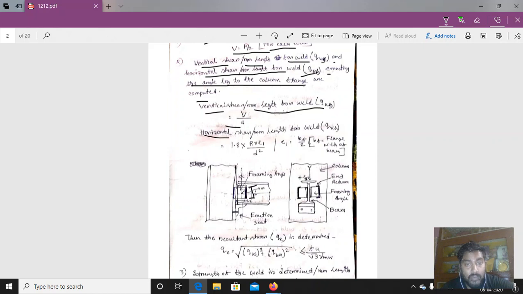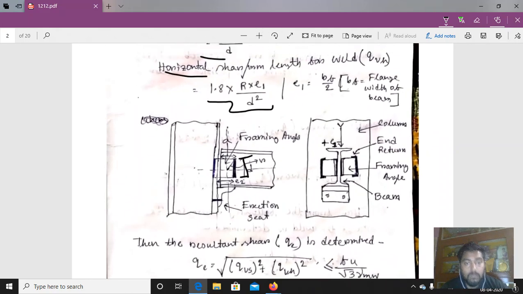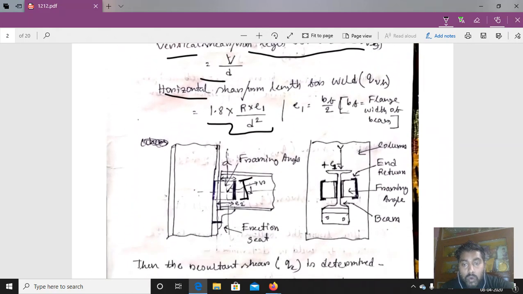So, horizontal shear will be 1.8 into R into E1 by D1. Now, coming to the term E1. In the beam flange column flange connection, this is the vertical shear that will be acting. What is the meaning of E1? E1 is the distance between the end of the connected beam to the center of the point root.